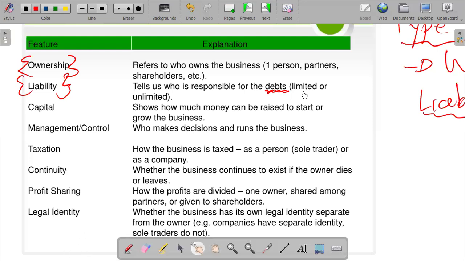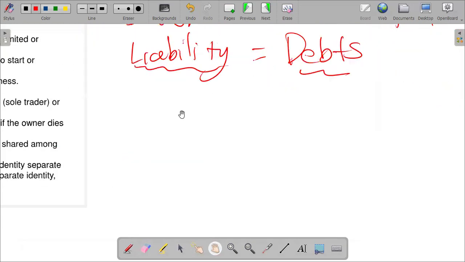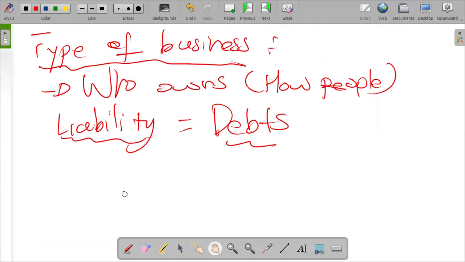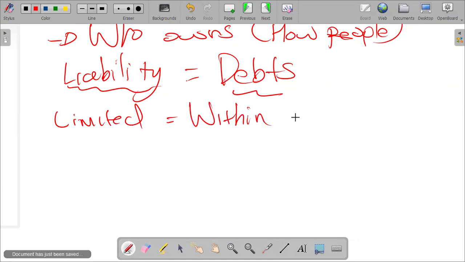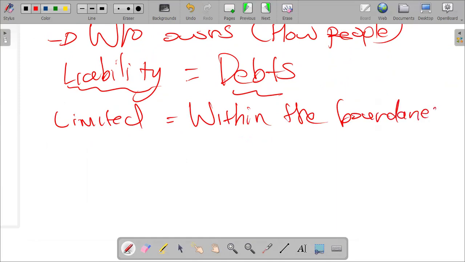Firstly, you have your limited liability. So what this means, if a debt is limited, it simply means that it is within the boundaries of the business.